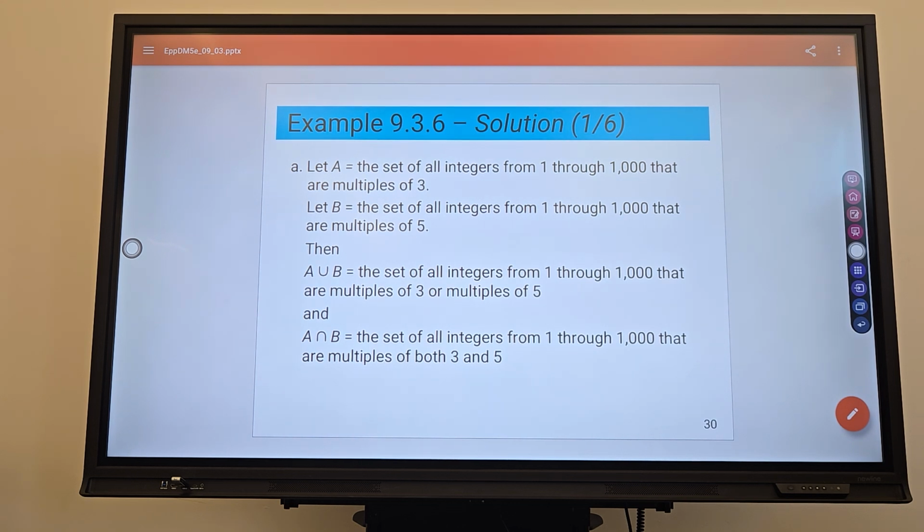Then A union B is the set of all integers from 1 through 1,000 that are multiples of 3 or multiples of 5. And A intersection B is the set of all integers from 1 through 1,000 that are multiples of both 3 and 5.